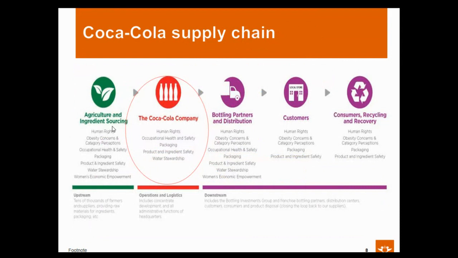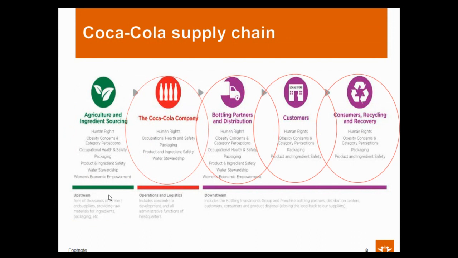If you look at the agriculture, the ingredients, the sourcing of supplies, that is referred to as the upstream supply chain. So think of a supply chain as a river that flows. Upstream would be the start of the supply chain, and downstream would then refer to all the other customers.